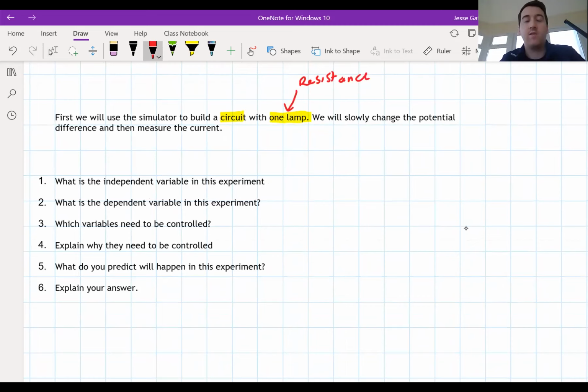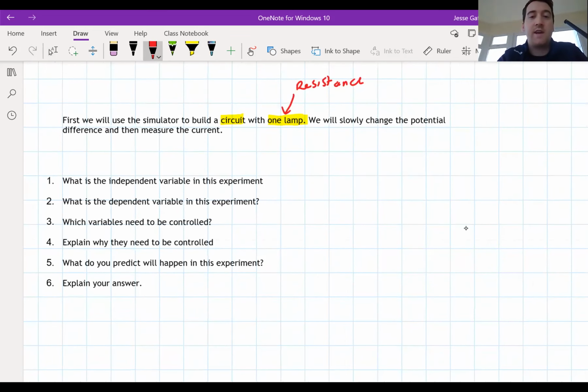If the resistance of the lamp is 10 ohms, then because I'm leaving it as one lamp in there all the time, the resistance is going to stay at 10 ohms for the whole time. So we say the resistance is fixed because we only have one bulb and we're not adding any extra bulbs in this first experiment.